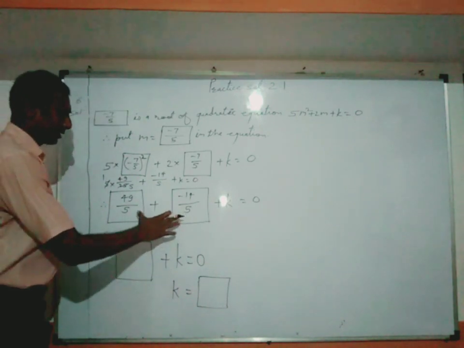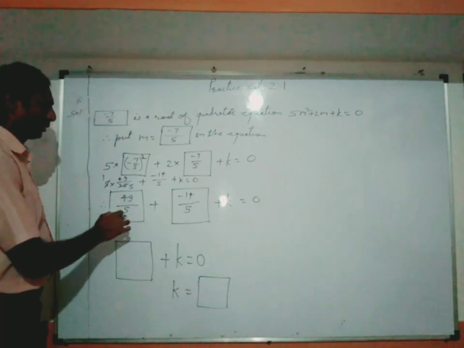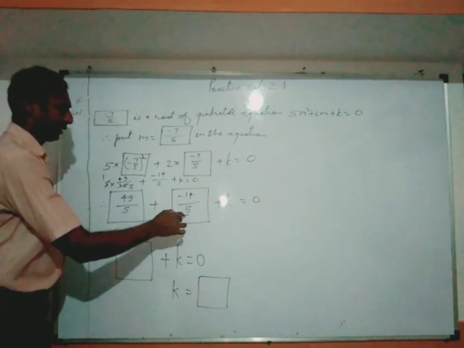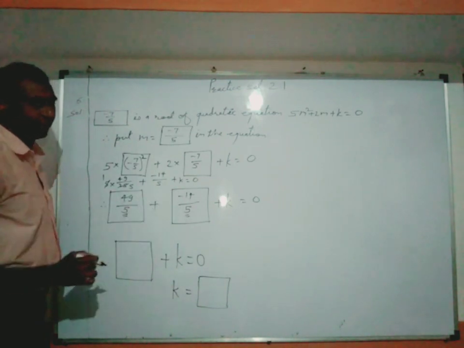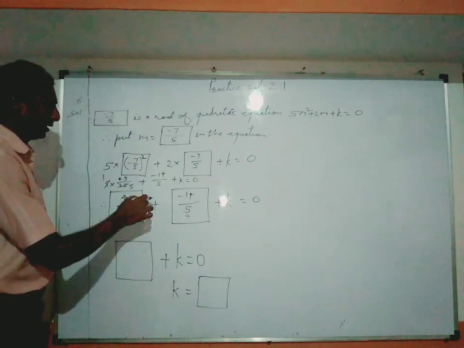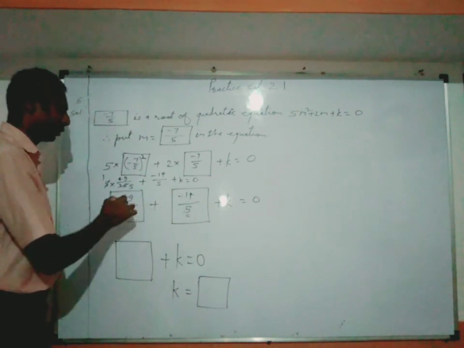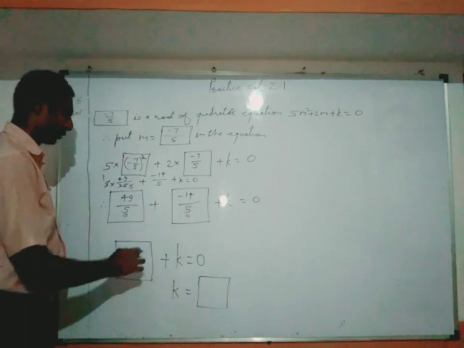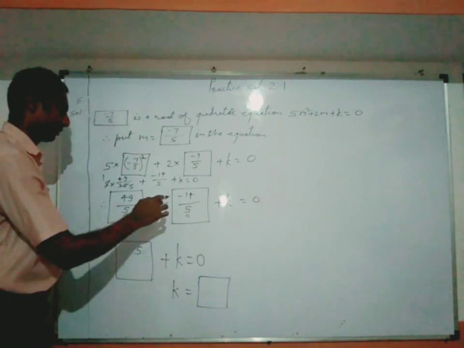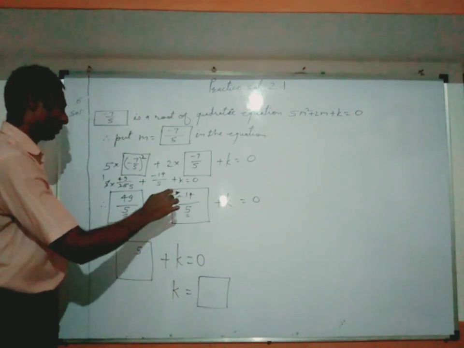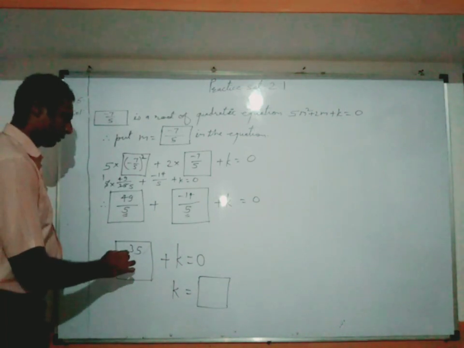Now in these two fractions, denominators are the same. 49 upon 5 minus 14 upon 5, they have denominator 5, 5. That's why the operation will be on the numerators. 49 plus minus 14 means we have to subtract 14 from 49. 9 minus 4 gives us 5 and 4 minus 1 gives us 3. 35 upon 5.